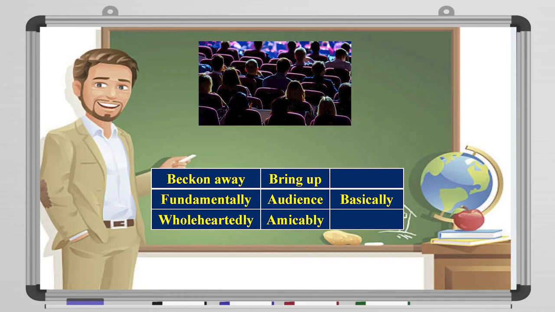So we have a picture of people, and they are watching something. So the people who are trying to watch something, what are they called? Did you get it? So you guys are watching this show right now. What are you guys called? You are the audience, and it is a noun.